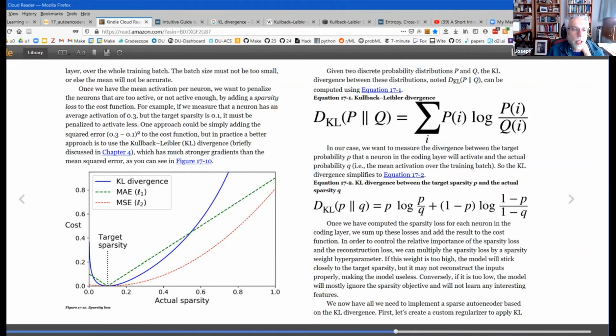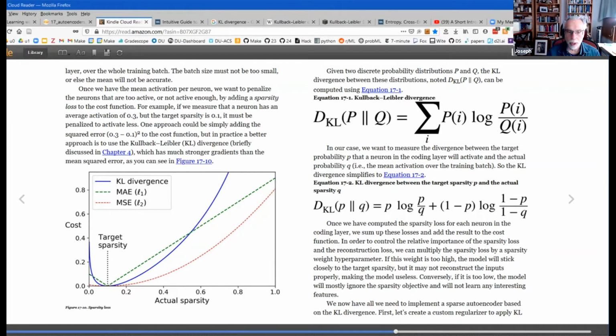Suppose you have a desired target sparsity that you want, and you call it P. In the example he gave, he said P was 0.1, and then Q is the average sparsity for all the weights associated with that neuron, and the sparsity by definition, he says, is the fraction of non-zero weights.